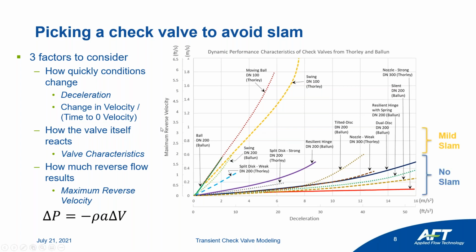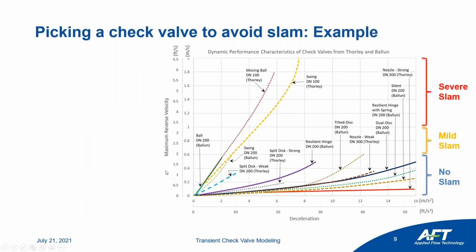So we can think about this graph, again, largely in terms of reverse velocity, where at really low reverse velocities, we're essentially seeing no slam. At higher reverse velocities, we see some mild slam, and then at higher, we see severe slam. So in some cases, something like a nozzle check valve is going to never see slam. But like anything in engineering, there's always going to be trade-offs. A nozzle check valve is probably more expensive to maintain or more expensive upfront than something simple like a swing check valve.